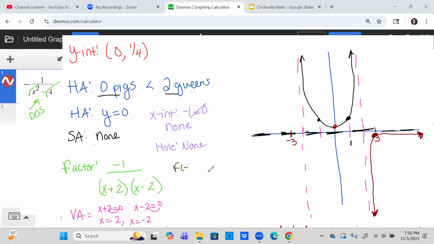So that'll be negative 1 over negative 3 squared minus 4. That'd be negative 1 over 9 minus 4, which is 5. So negative 3, negative a fifth. So over 3, down just a smidge. So again, ride that black, ride the pink. There we go. That's the function.